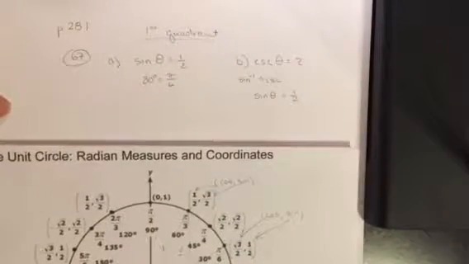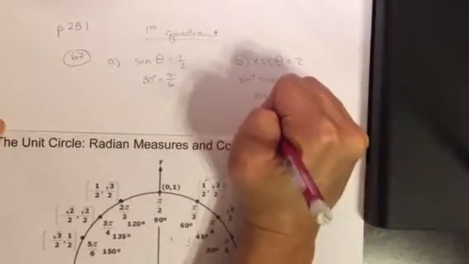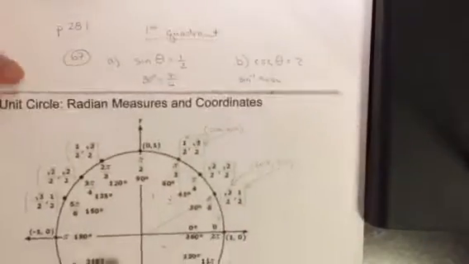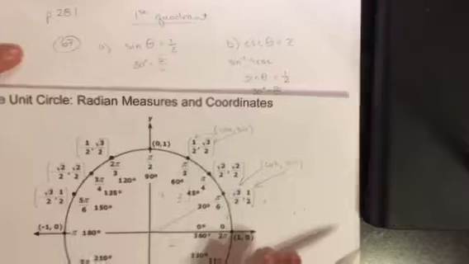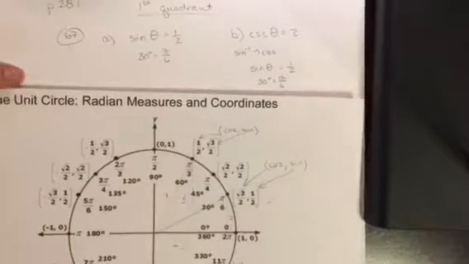And look at that. We're right back to where we started, the same answer for A, so that's going to be 30 degrees or pi over 6, because in the first quadrant, and again, we're only in the first quadrant, 30 degrees is the angle where sine equals 1/2.